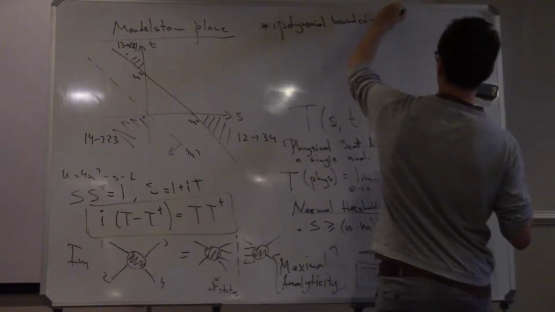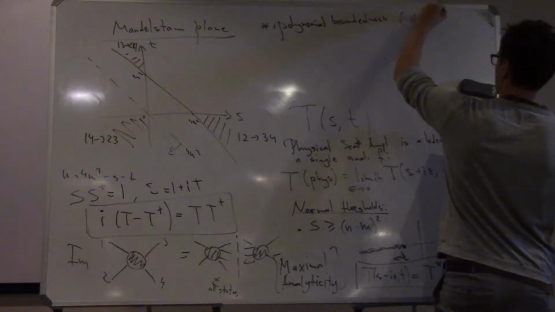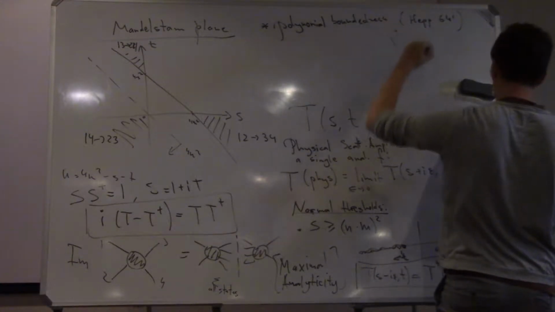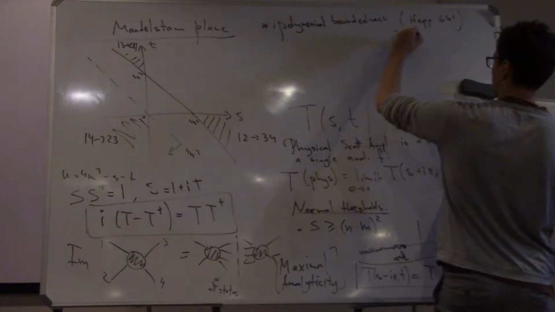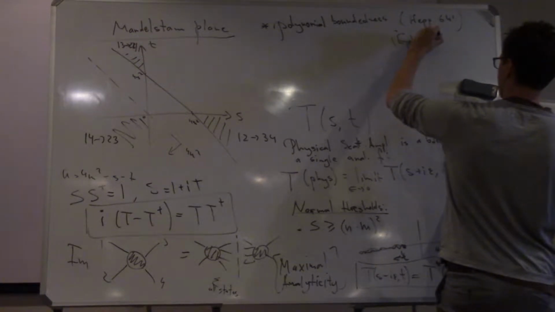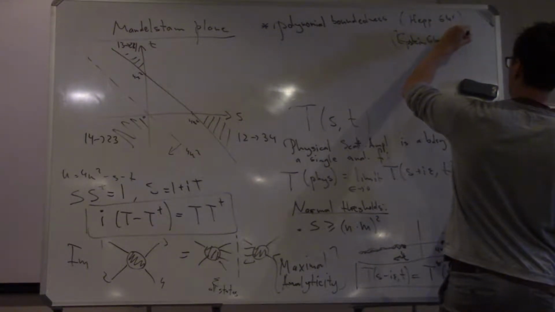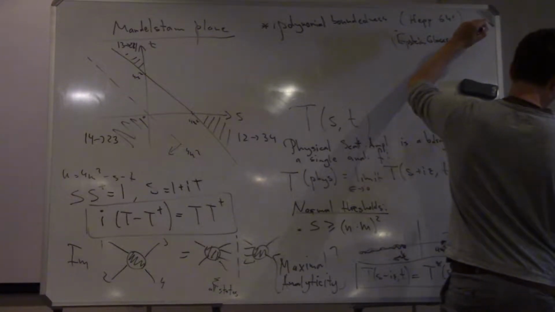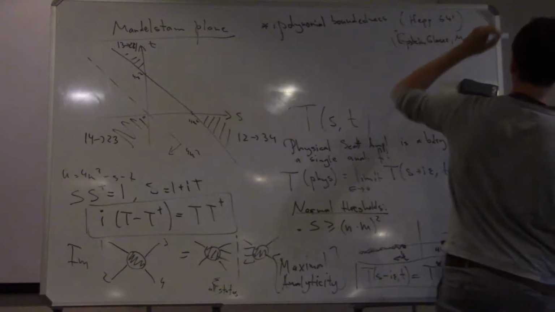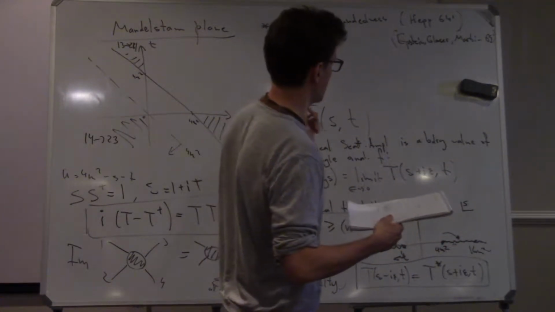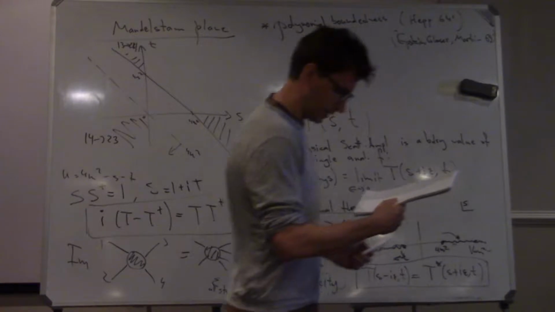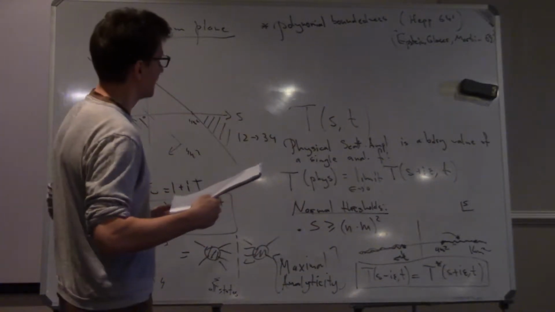So it was proven by Froissart in 64, and then Epstein, Glaser, and Martin. It's 69. Remember, I started in the beginning by quoting a paper by Martin and Roy from last year. It's the same Martin. So he works on the subject for a long time already.